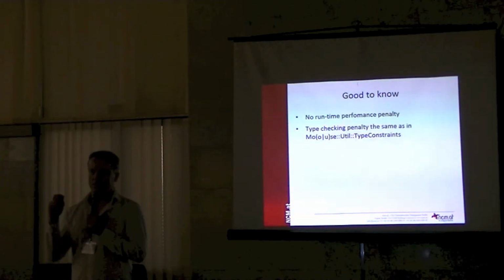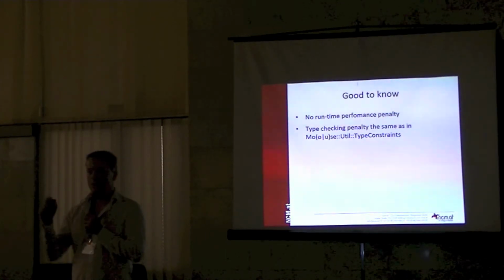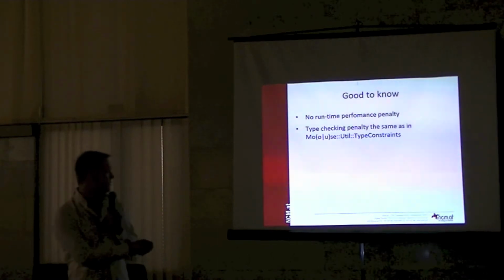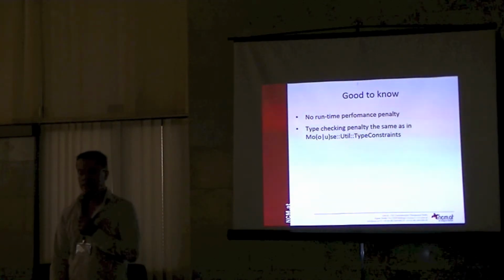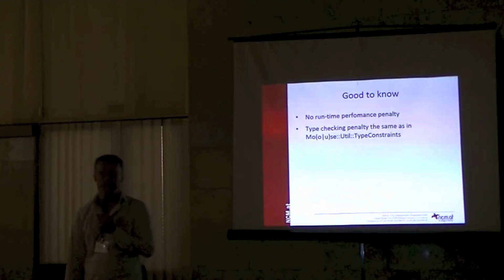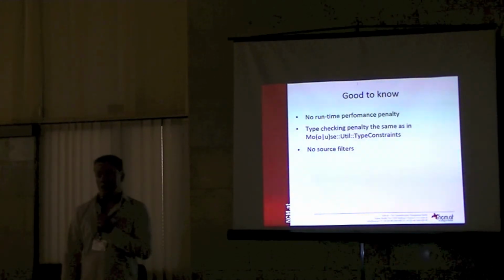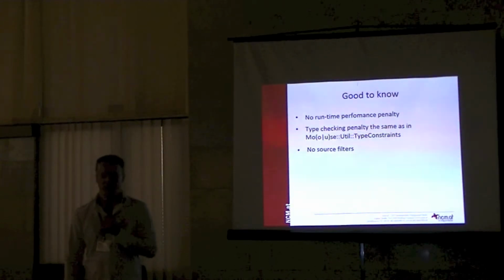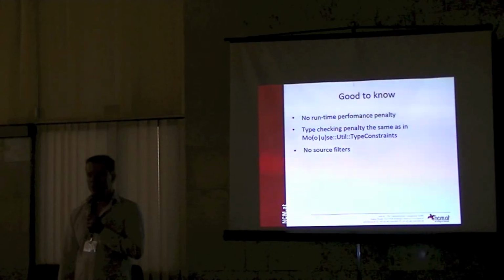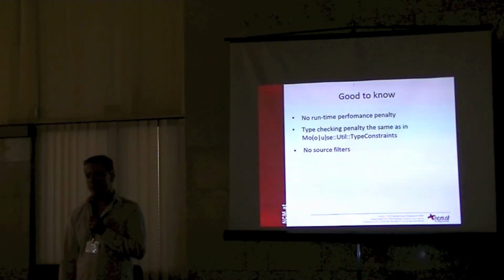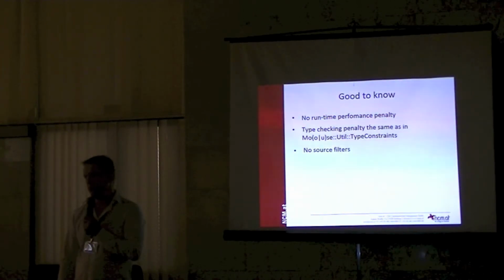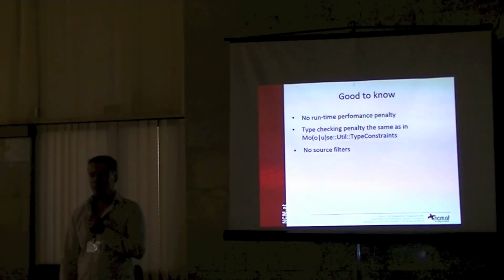Most of the type constraints that you can check in the method signatures are the same as here in this module, so you can look it up. And the method signatures are written without any source filters. So your code is still going to be stable for production and so on. So don't worry about that.